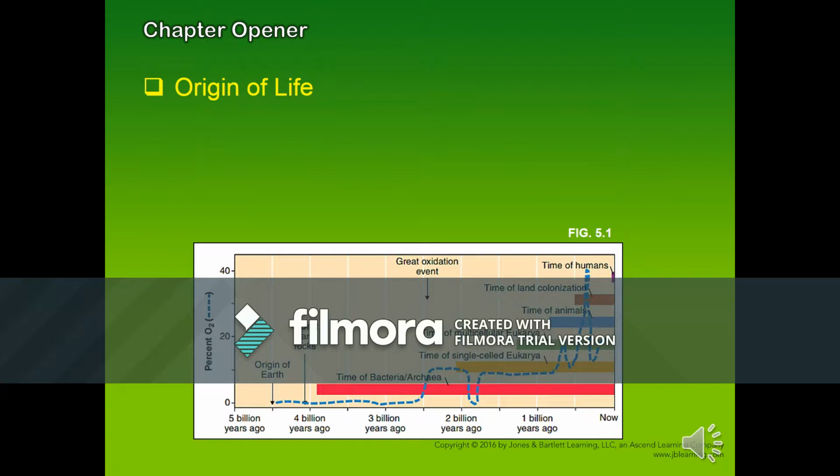Okay, so this chart's kind of interesting. It shows a couple of different things. One, it shows when the different organisms came into being. The second most important thing is the amount of oxygen that was present.